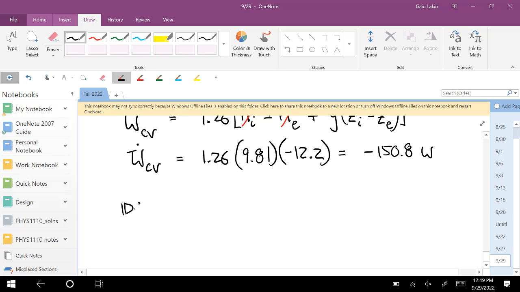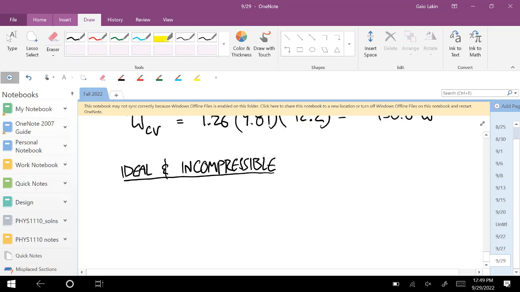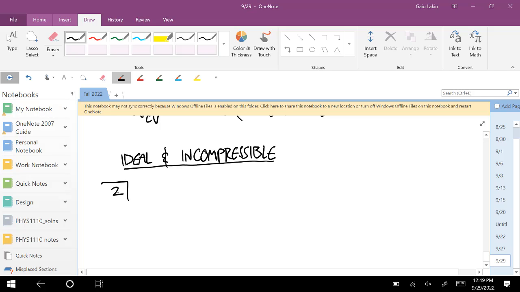Okay, so this is ideal gases and incompressible materials. Number 2, the starting temperature is 100 degrees Celsius. The starting pressure is 2.1 bar, and that's also the ending pressure.